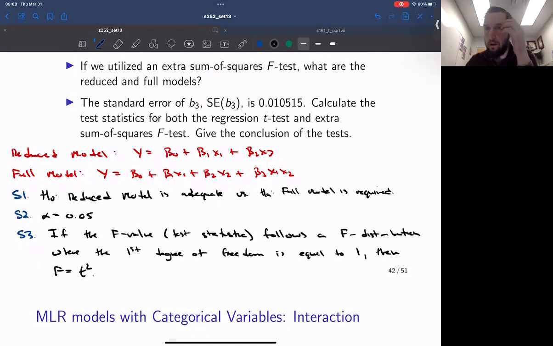Okay, so this is just a little bit of a theoretical relationship between an F value and a T value. And basically the relationship just says if the first degree of freedom is a 1, you can actually square the T value to get an F value.